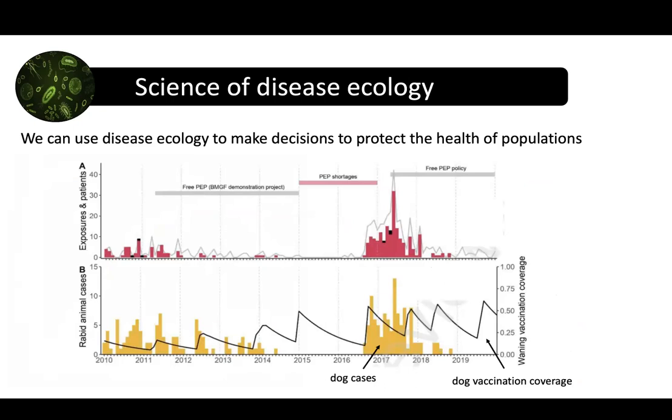We can forecast what will happen in the future and come up with intervention strategies such as the appropriate time to vaccinate dogs to prevent rabies from spreading to people, and determine what percentage of the population needs to be vaccinated to prevent outbreaks.